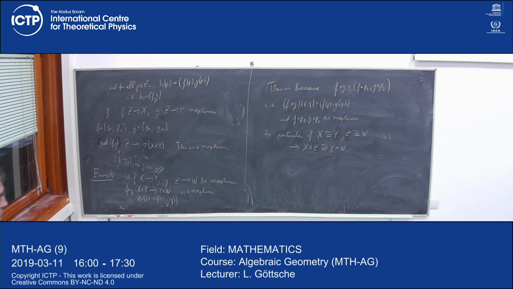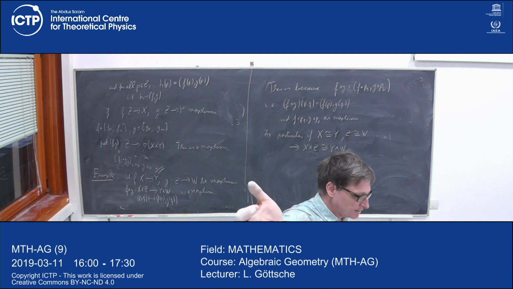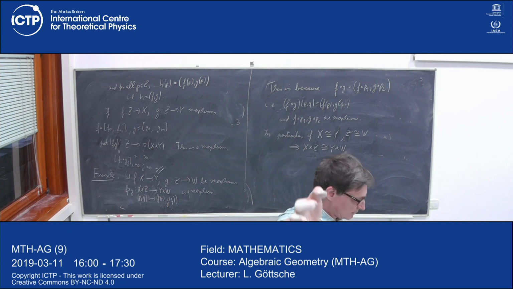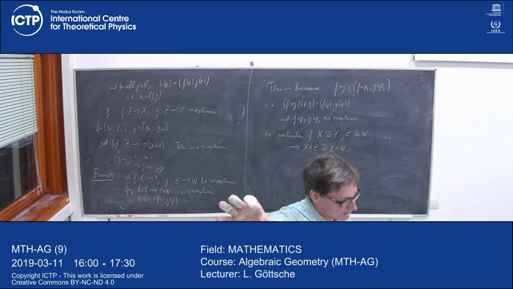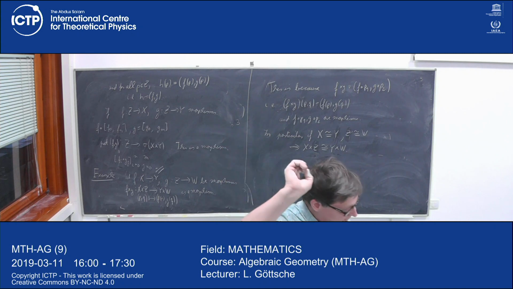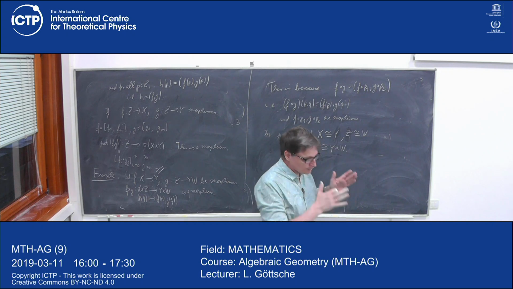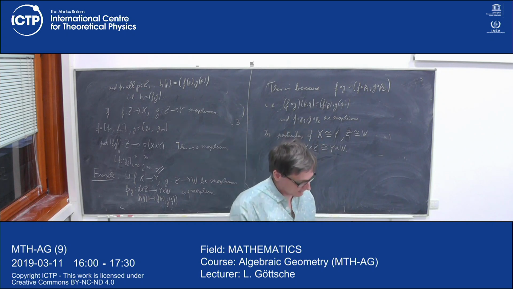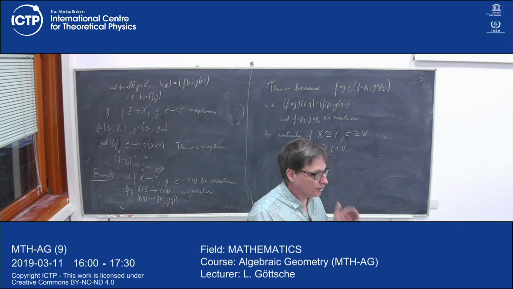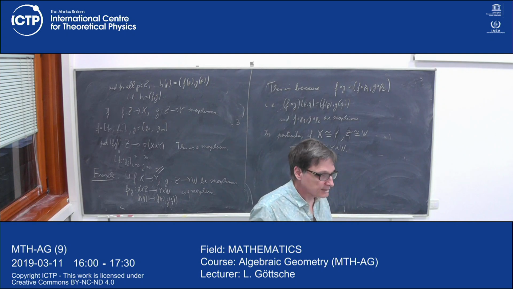If we make the identification of Pn times Pm with the image in P large N, then the closed subsets in Pn times Pm are the inverse images under sigma of the closed subsets in P large N. But after all we want to work with the product itself, not with the image all the time. So we want to describe in terms of this space what these are.